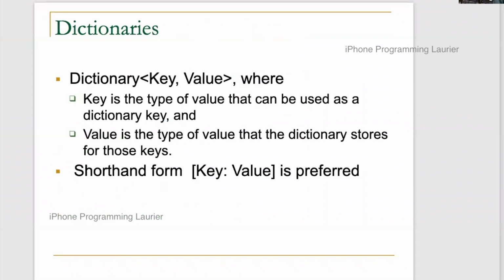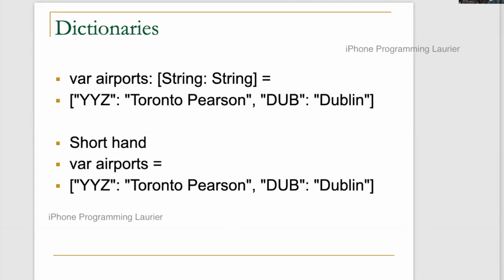I want to talk a bit about the key and value because I want to do an exercise. Hopefully we get to that pretty soon. So dictionaries are sets of key and value, right? For example, I can define a variable airport to be a dictionary that has a key of type string and a value of type string.